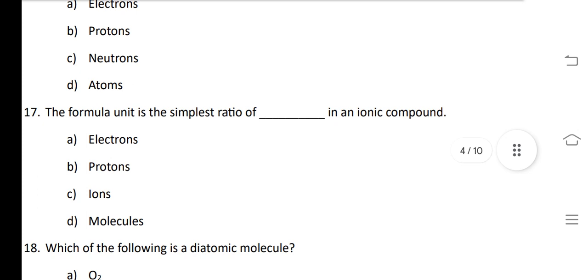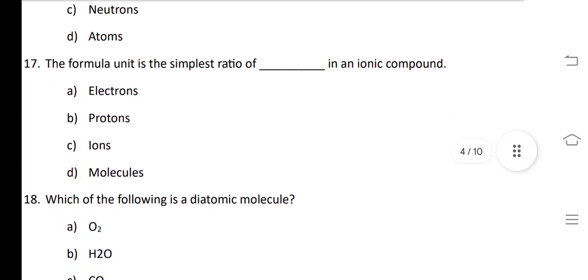Our next question: the formula unit is the simplest ratio of ions in an ionic compound.